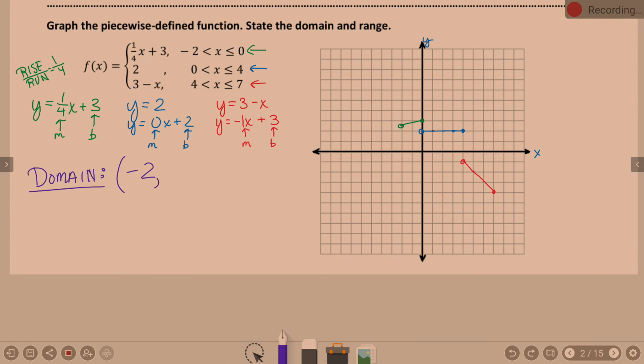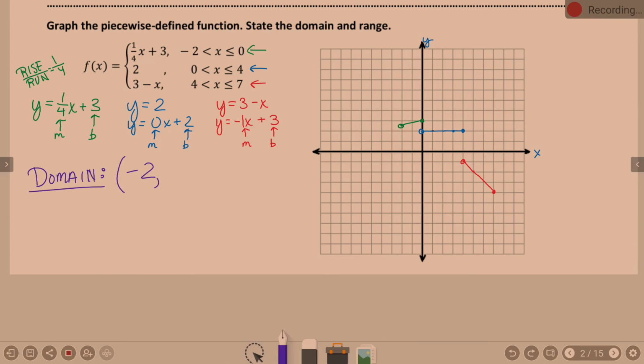Okay, -2. Green goes over to what? 0. Now, does something else start at 0? Blue. Yeah. The blue line starts right below it, doesn't it? And the green line, the dot was filled in, so it's okay that the blue dot's not filled in. Okay, so we'll continue. Blue starts at 0 and it goes over to 4. Do we end at 4? No, because on that same vertical line there, the red line starts, doesn't it?